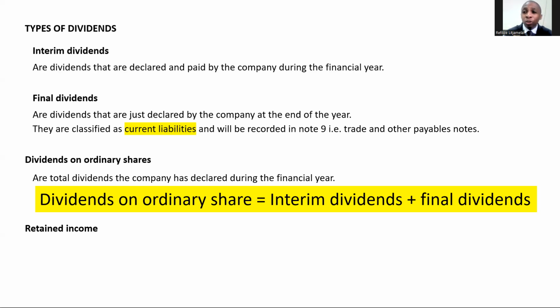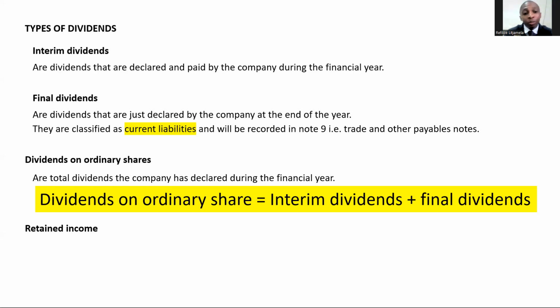But it's high risk to have a lot of retained income because it means that your profits are just sitting in your statement of financial position and you're not using them. So the company can take the retained earnings and make more return by investing them elsewhere. So that is the risk.